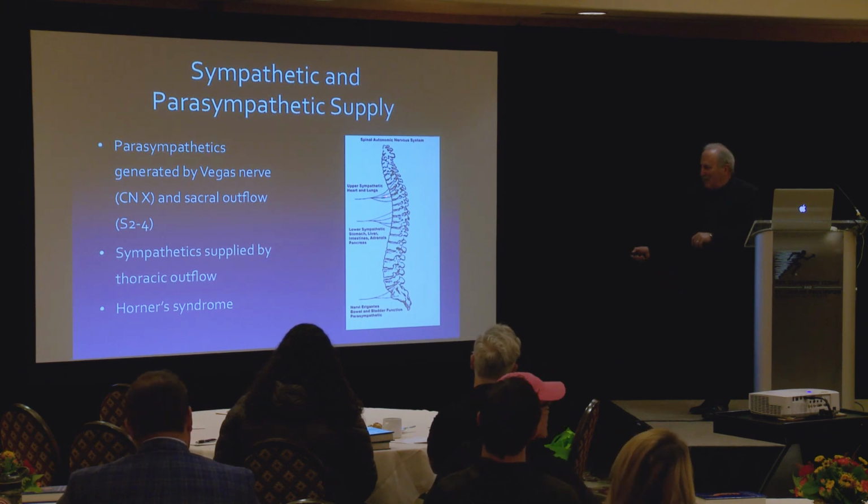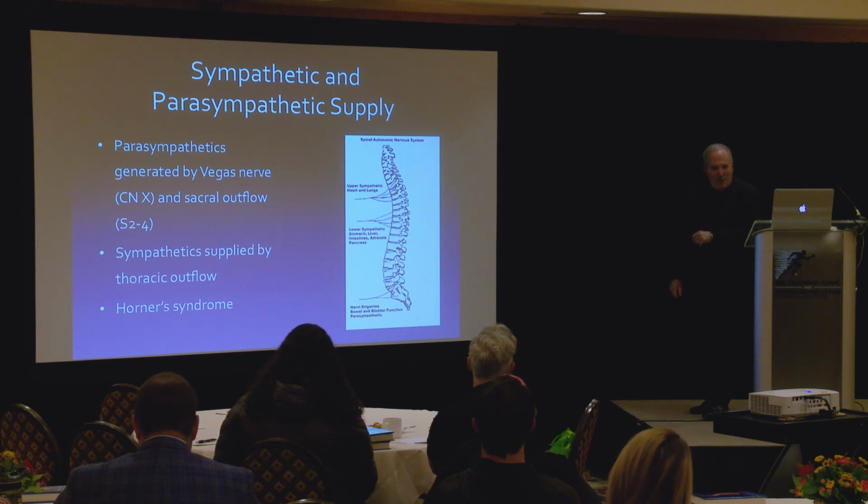And so that's because the sympathetic nerve goes up the neck into the face. So if you have an injury in the thoracic spine, you can have a problem in the sympathetic nerve in the face. Well, the same thing occurs with parasympathetics that come out at S2, 3, and 4. Do you remember the famous mnemonic?